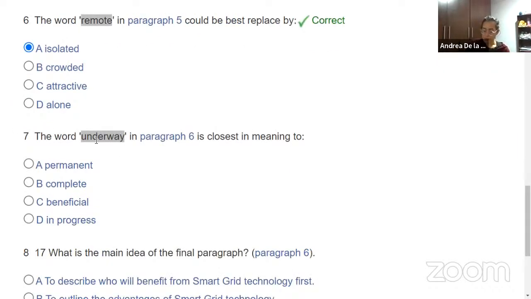Then we have question 7 that says the word underway in paragraph 6 is closest in meaning to. So take a look at the word. Let me know what you think.